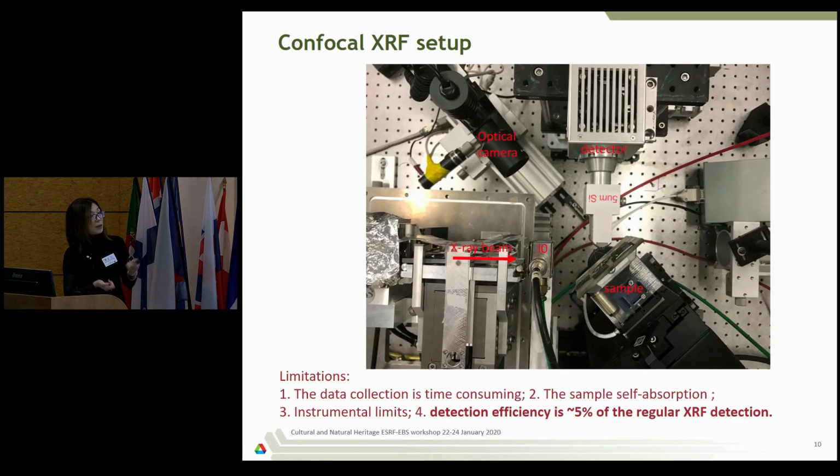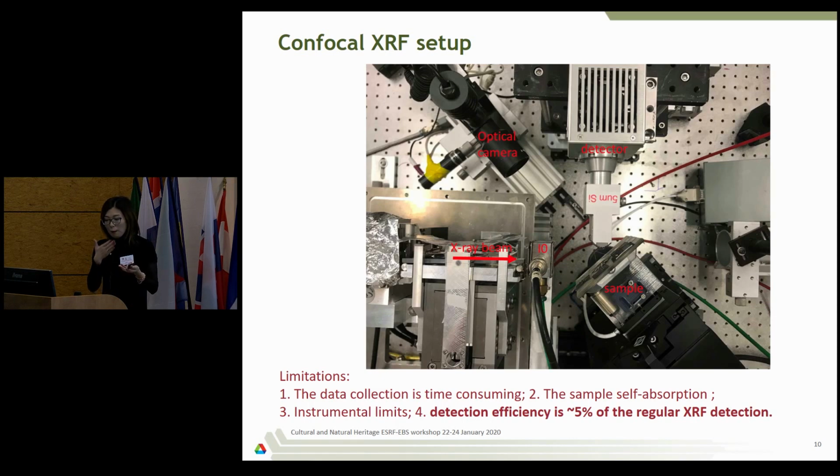And there's another geometry. This is a top view of the instrument. All of the setup is very similar, except that we put focusing optics in front of the detector. That allows us to only detect the fluorescence signal from a specific depth in the sample. So by adjusting the detector to sample distance, we're able to detect slices in the sample in depth.